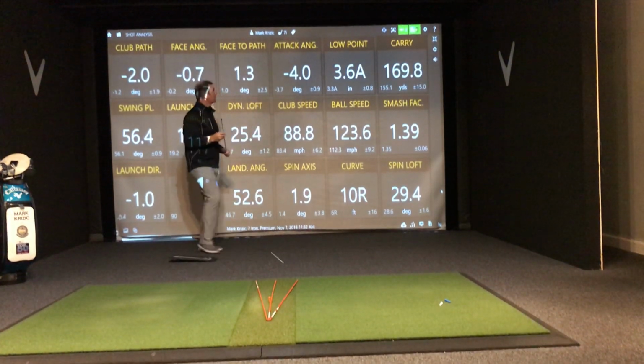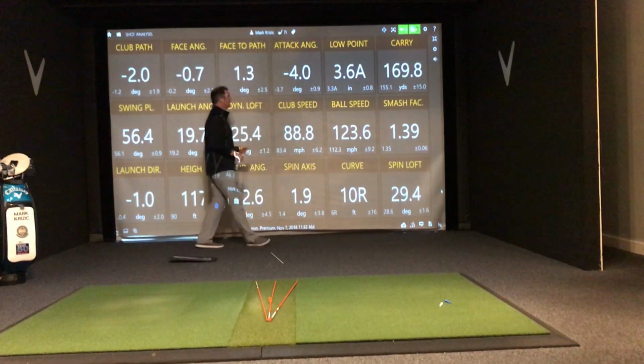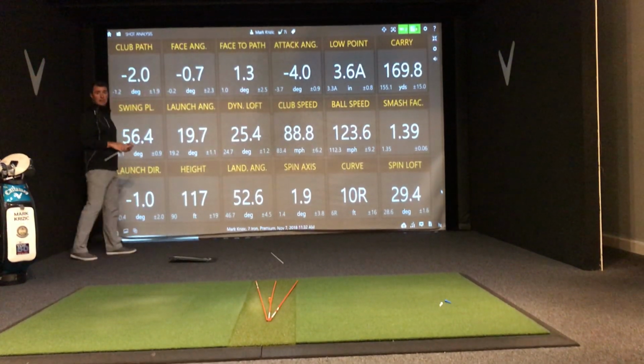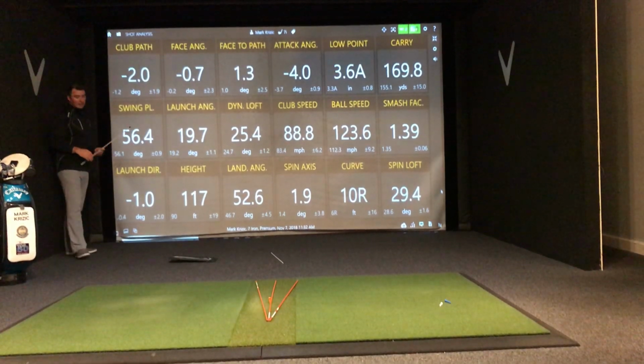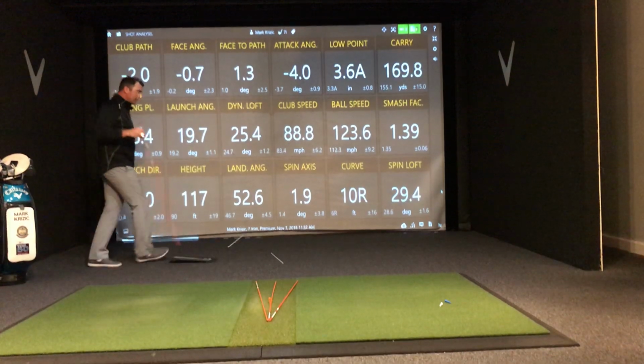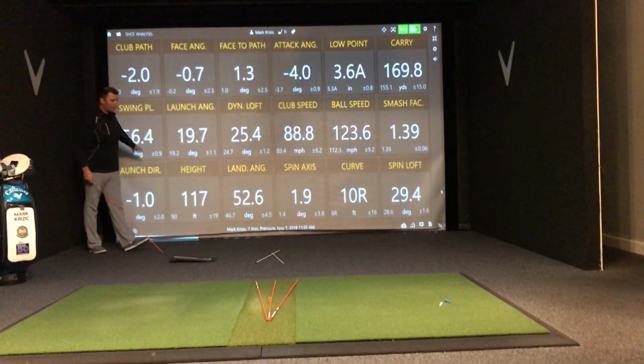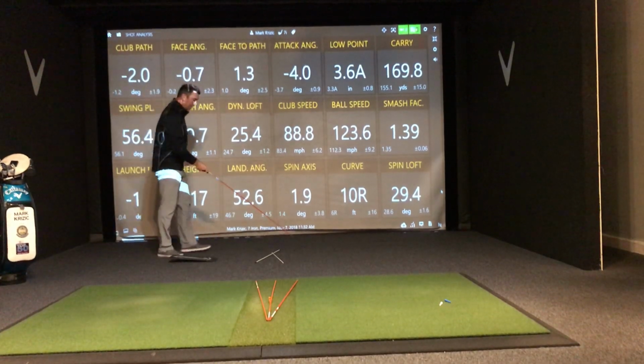Carry distance, pretty simple there. Carry distance, 170 yards. That's how far the ball is carrying. Swing plane, love this one. If you set up at address, this has nothing to do with the swing plane that everybody's thinking about.